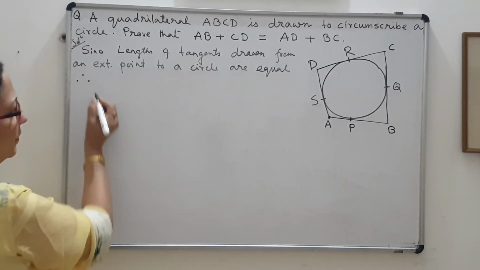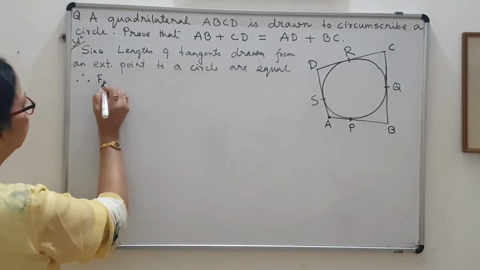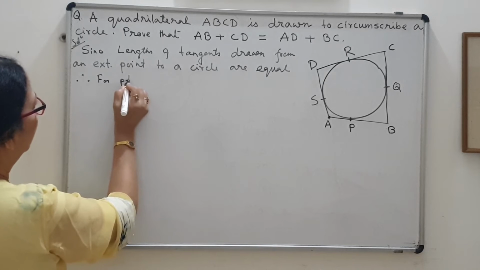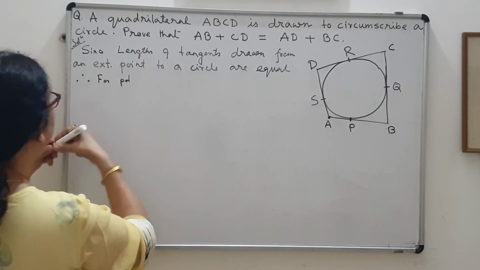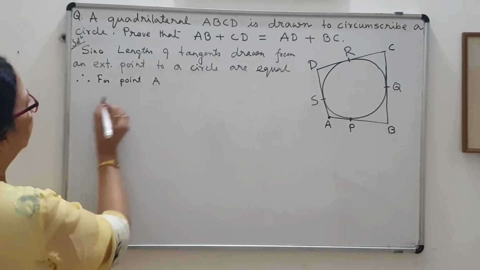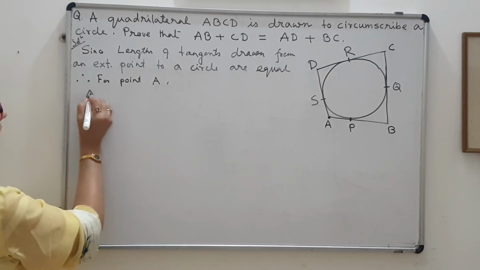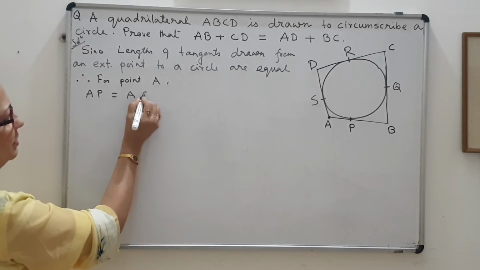Therefore, for point A, the lengths of tangents are AP is equal to AS.